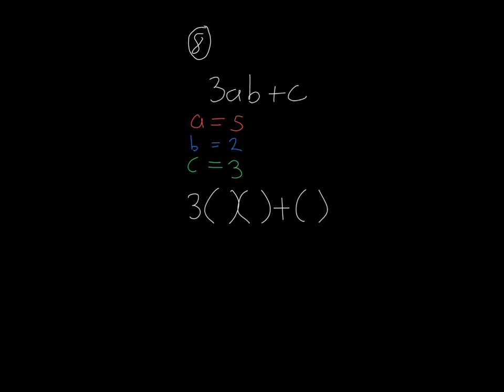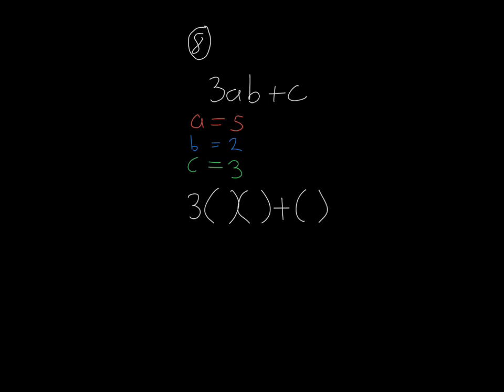Remember earlier on, I said that variables are just placeholders, right? They can take on a value, but we don't always know what that value is. For this question, they are telling us what each of those values are. So we are going to need to substitute in those values and then get our answer.